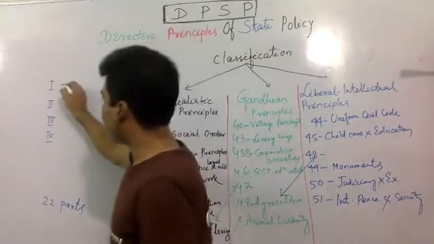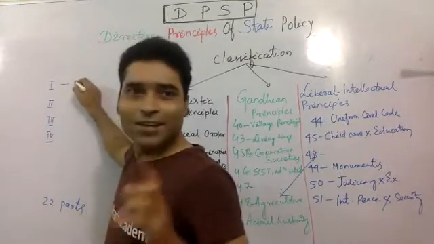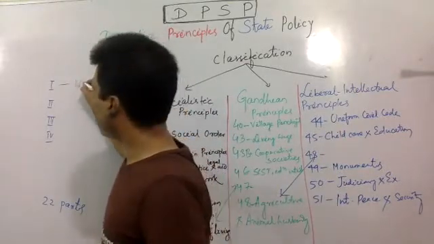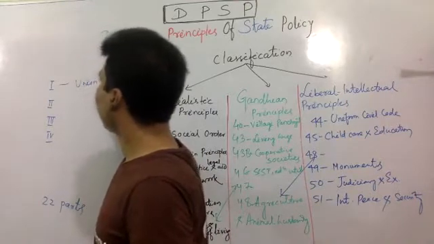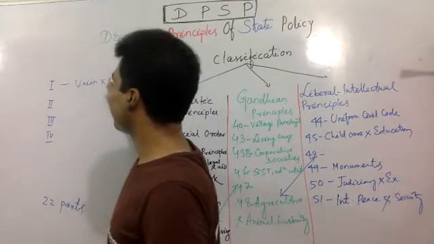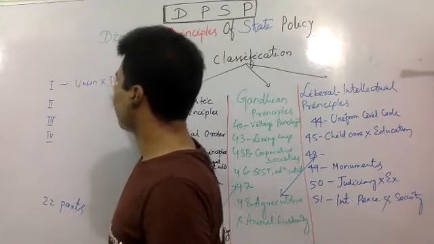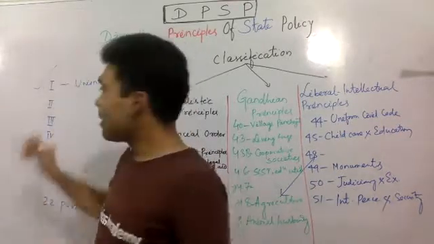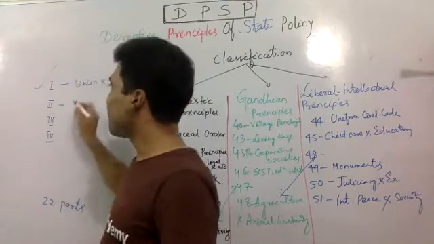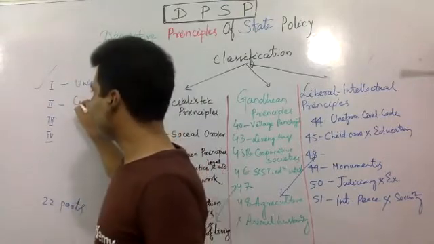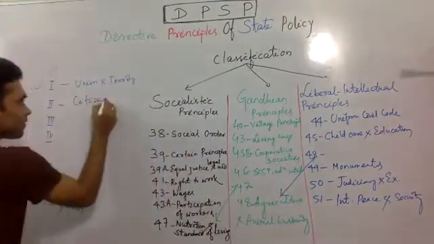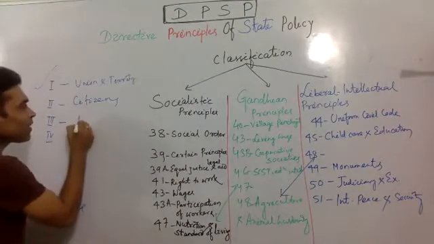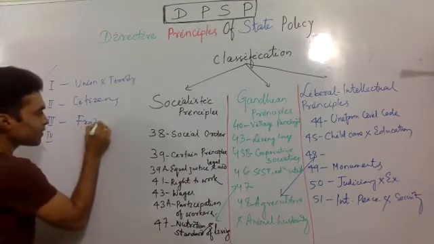In the first part, we have already studied the Union and its territory. That means talking about India, right? In the second part, we have studied we are the citizens, right? In the third part, we have studied fundamental rights.